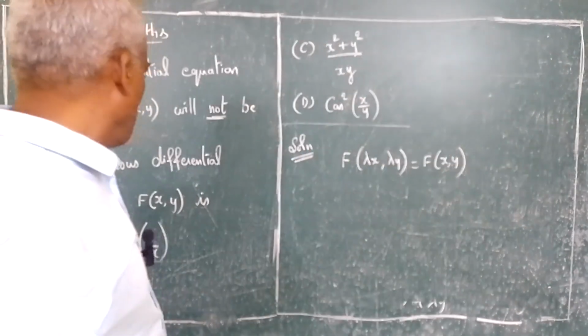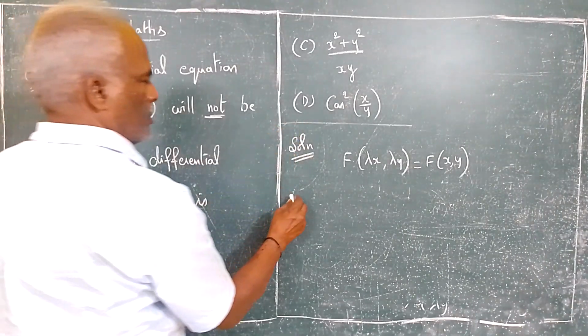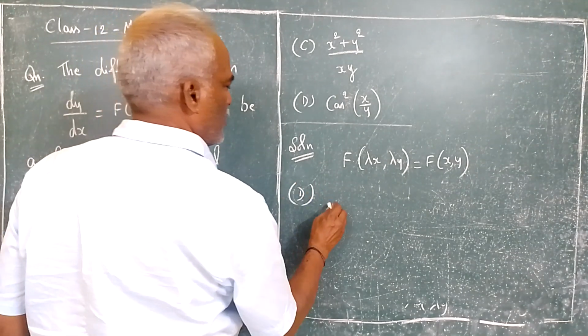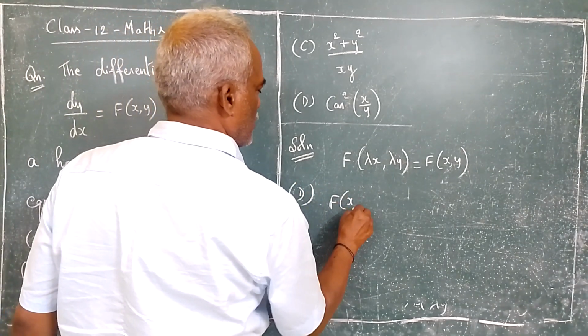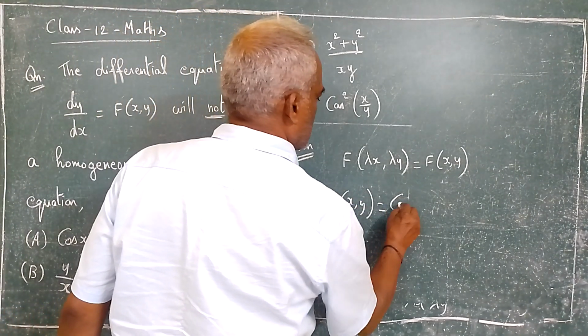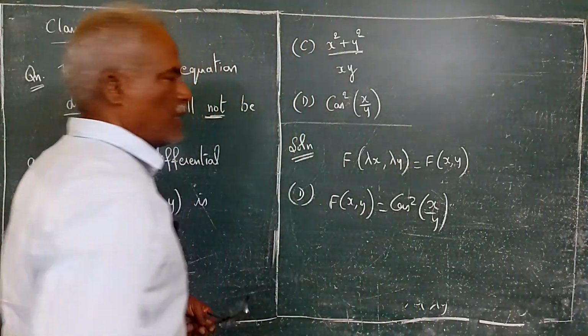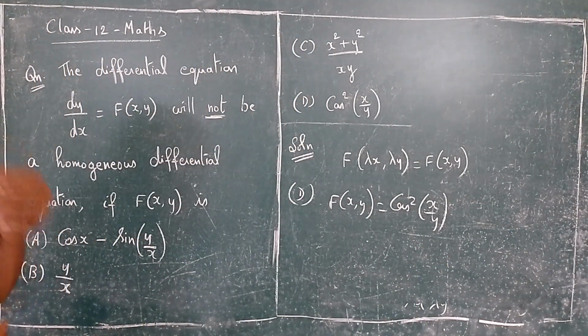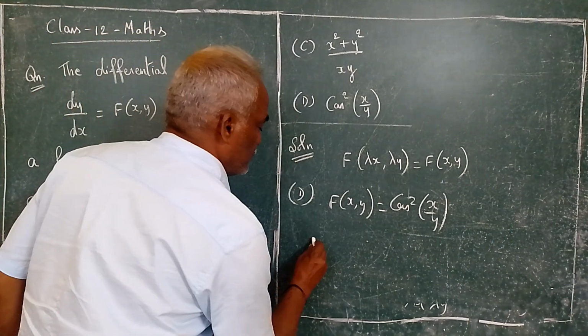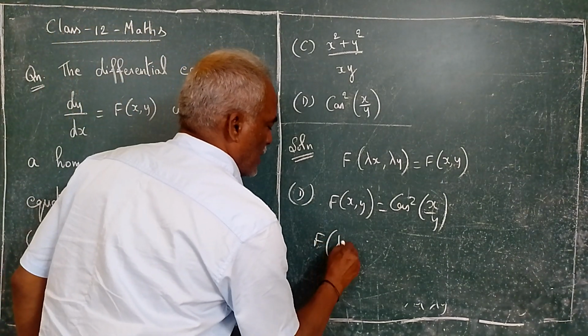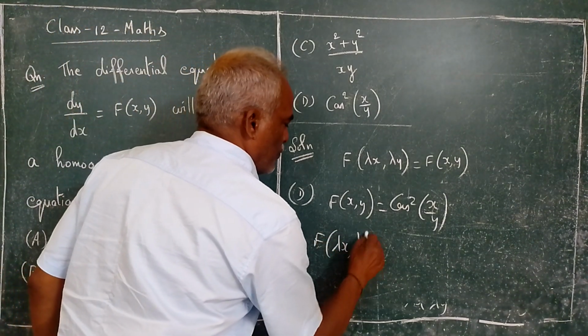Next we will go for option D. What is option D? Function of x comma y is given as cos square x by y. Now we have to test for f of lambda x comma lambda y.